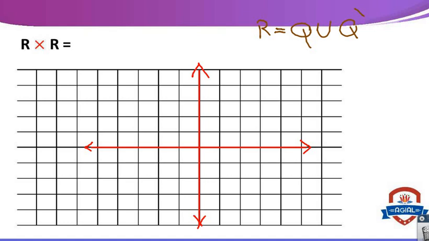Okay? This point, original point 0, x, x dash, y, and y dash.